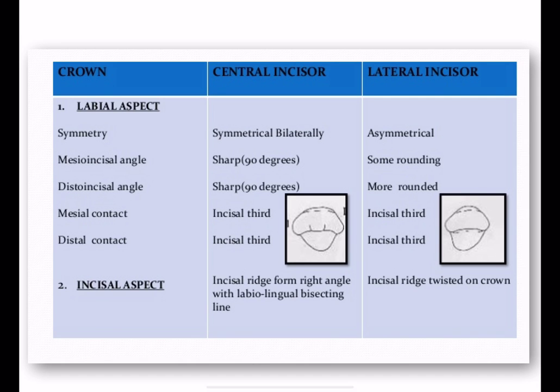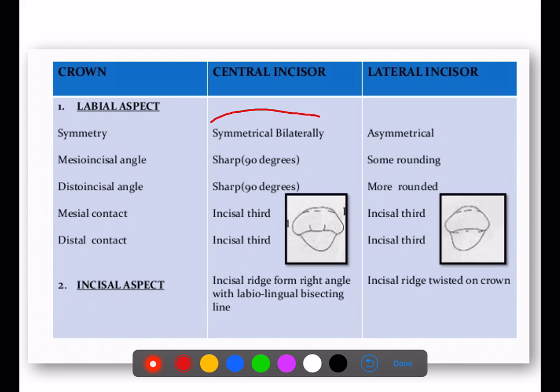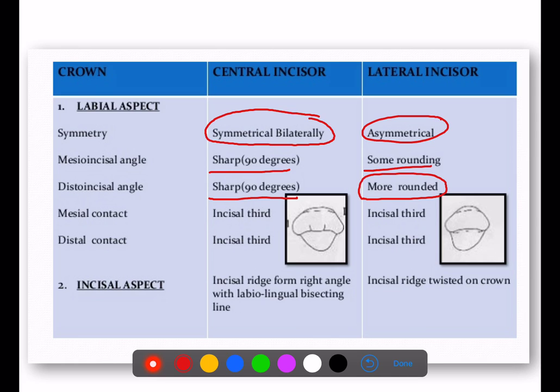So these are a few distinguishing features between the mandibular central and lateral incisor. First, the symmetry. The crown is symmetrical bilaterally in the central incisor, whereas it is asymmetrical in the lateral incisor. I told you the mesio-incisal line angle is sharp, that is 90 degrees. It is somewhat rounded in the lateral incisor. And the disto-incisal line angle is also sharp at 90 degrees, which is more rounded in the lateral incisor.